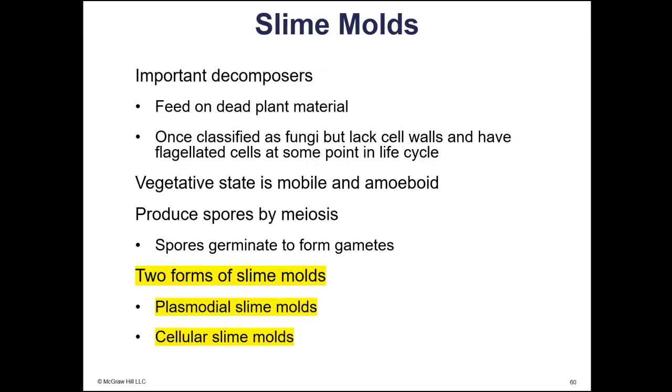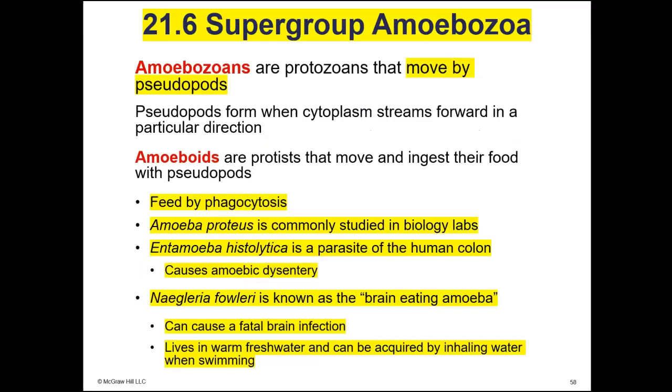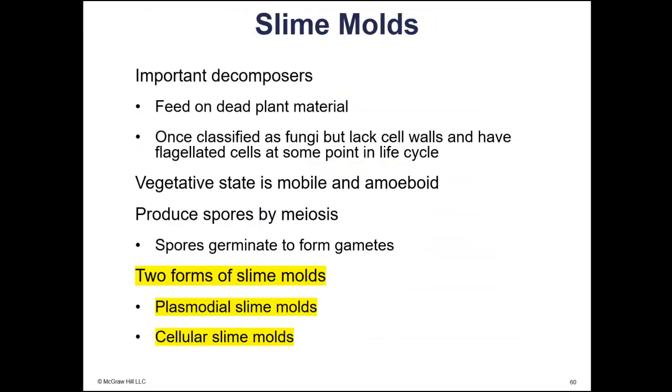Okay, now, in addition to amoeba, the supergroup Amoebozoa also includes the slime molds, and those are divided into plasmodial slime molds and cellular slime molds. Now, in chapter 22, we're going to talk about true molds that are found within the kingdom Fungi.